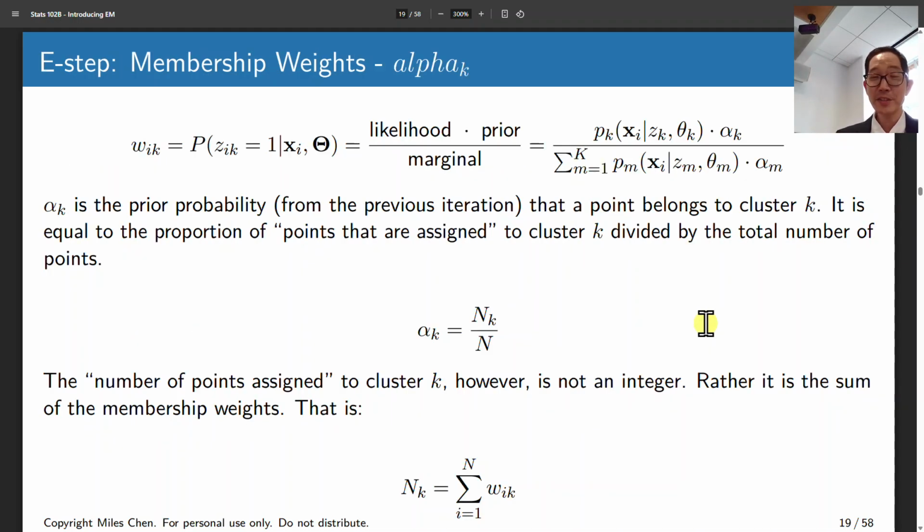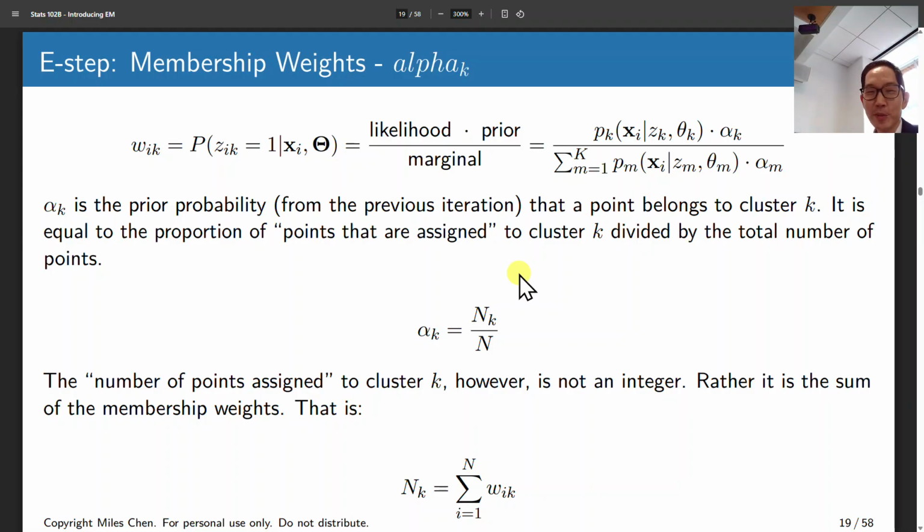Each of these things is a little bit trickier. When we're talking about the alpha, this is the prior probability, and it's based on the previous iteration. It's the prior probability that a point belongs to cluster K. Usually we'd say if there are 100 points and 60 of them were assigned to cluster 1, our prior probability will be 60% cluster 1.